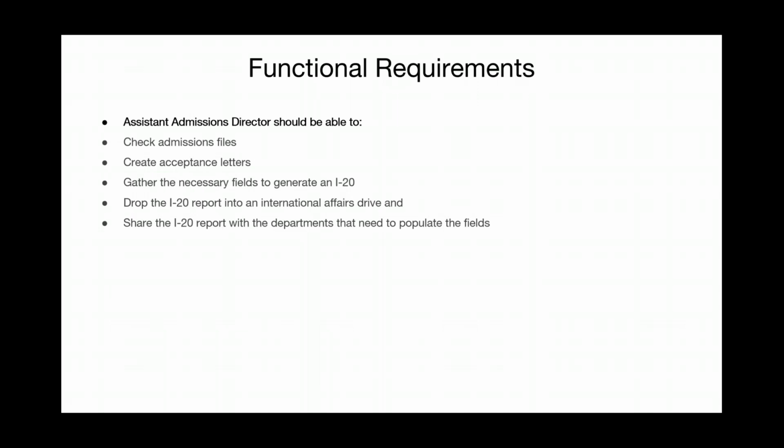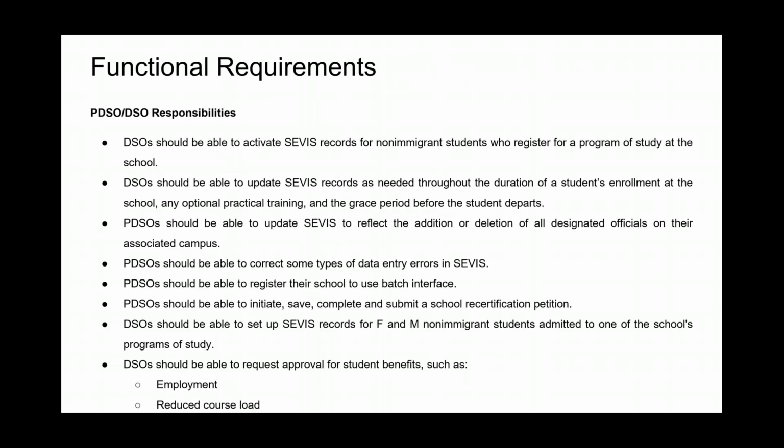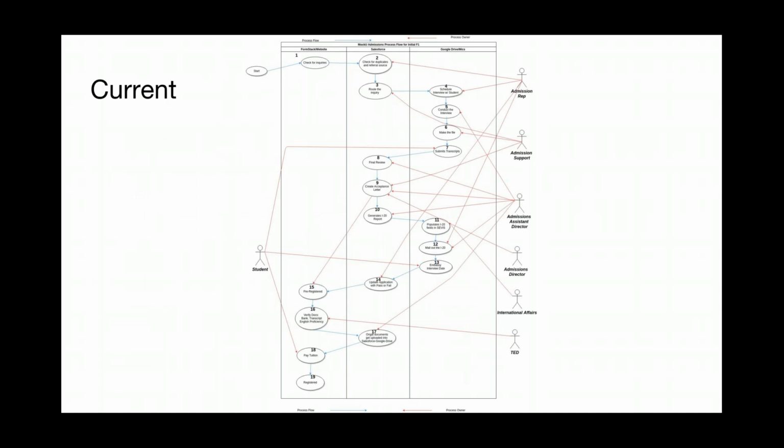I have functional requirements for an admissions director, admissions rep, a PDSO, a DSO, and once you put all of them together, we have these three swim lanes. The first swim lane on your left is your Drupal site or your Form Assembly page for inquiries.